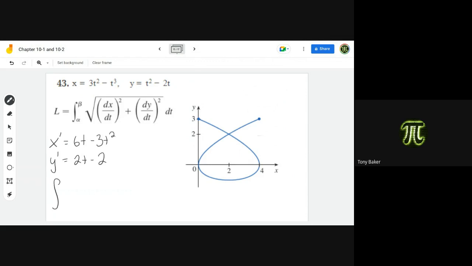All right, so what's the t value that's going to give this? This one right there is 4, 3, and this one is 0, 3. Sorry, 4, 3, not 3, 4. So basically, we're looking for the two t values that are going to give me 3 for y.